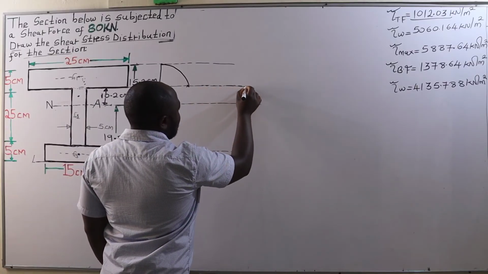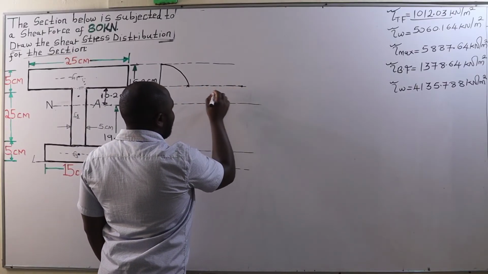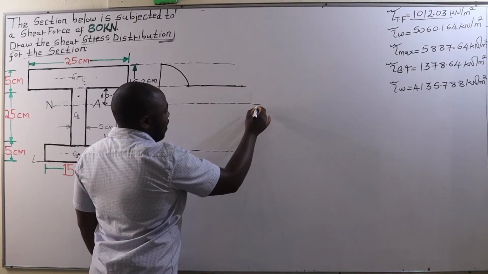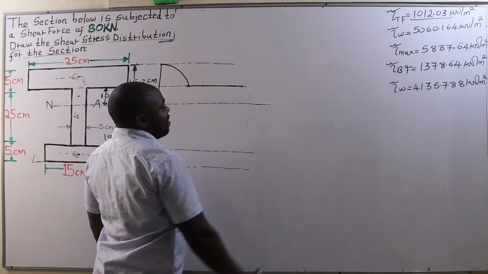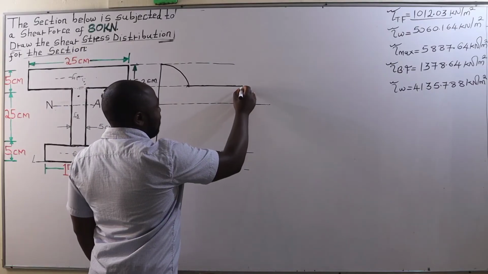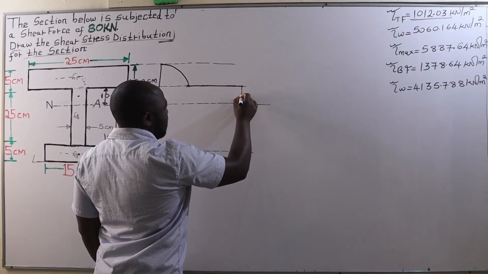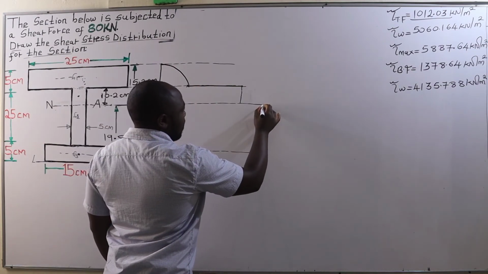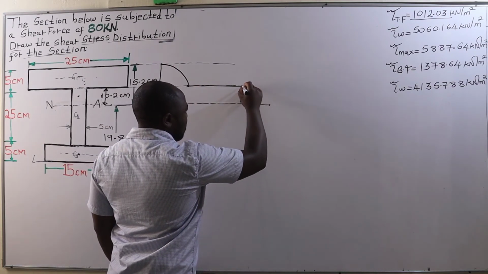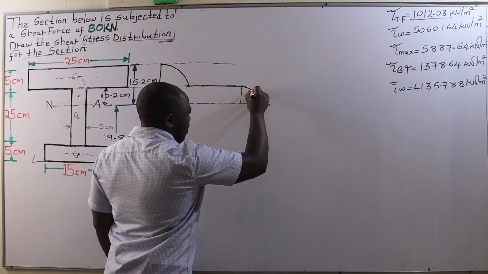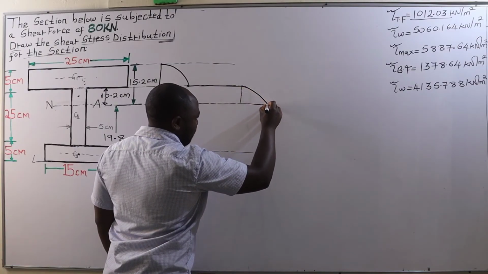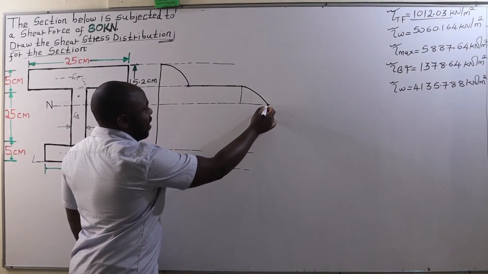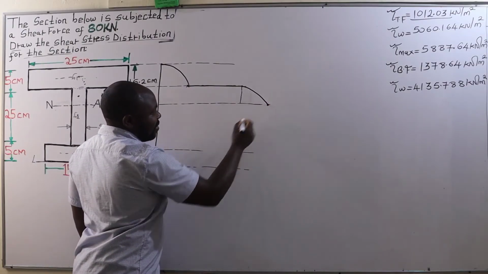Therefore, 5060, approximately that point. Then from there we have the maximum shear stress. So therefore, if this is 5887, maybe at that point, again, we plot a smooth curve connecting that point. Therefore, we have the maximum shearing stress.